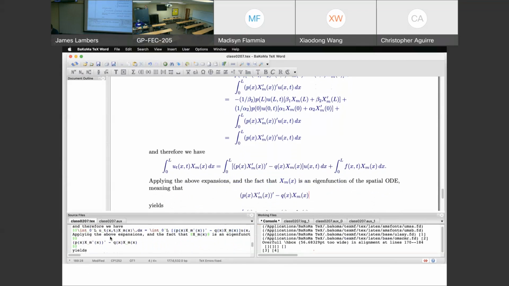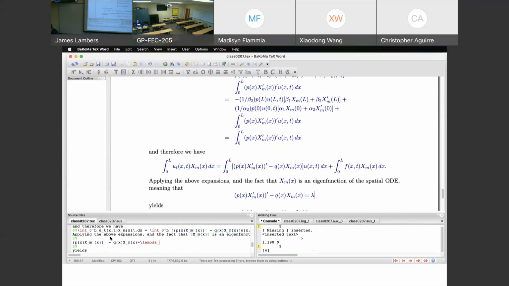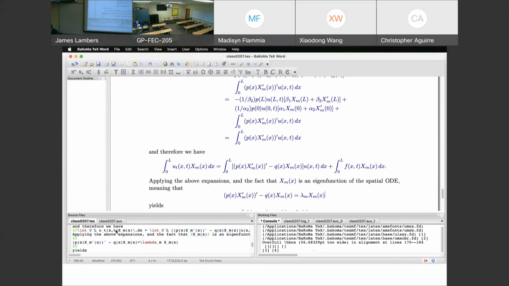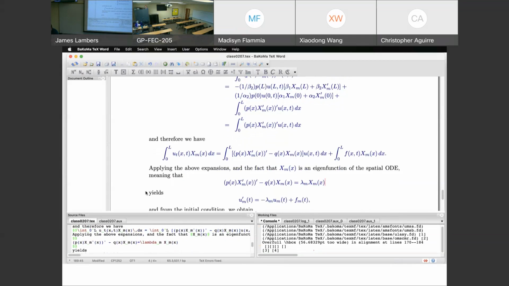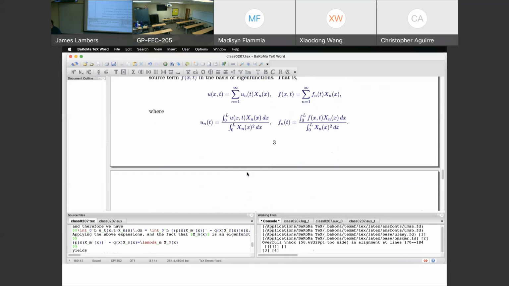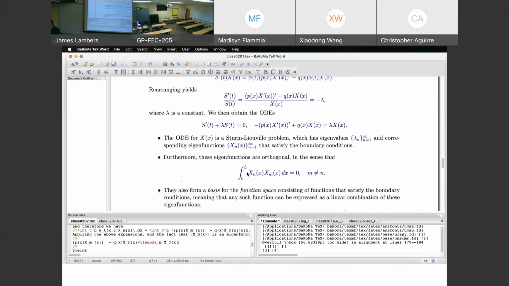That is equal to lambda m mx. Oh, actually, hold on. Check my notation here.